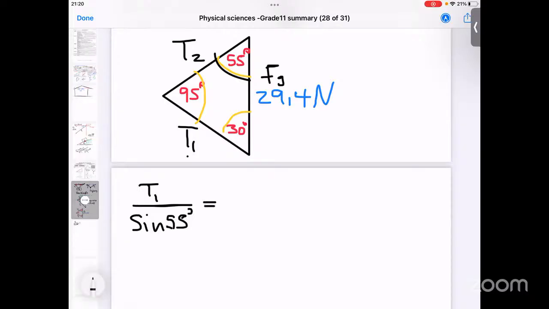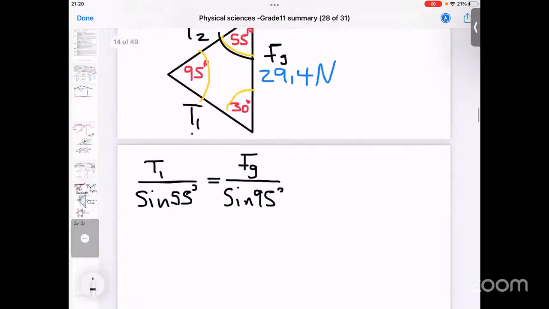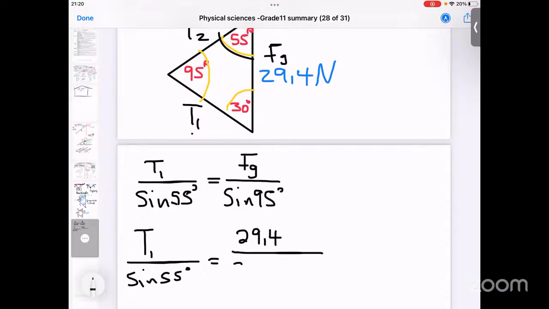This should be equal to Fg, because we already know the value of Fg, and then sine of the opposite angle being 95 degrees. So now let's substitute. Tension number 1 is what we are looking for, divided by sine of that 55 degrees. And then Fg, we already calculated to be 29.4, divided by sine of 95 degrees.